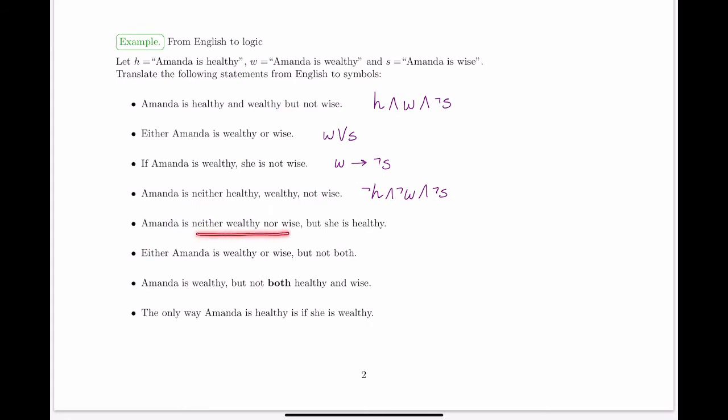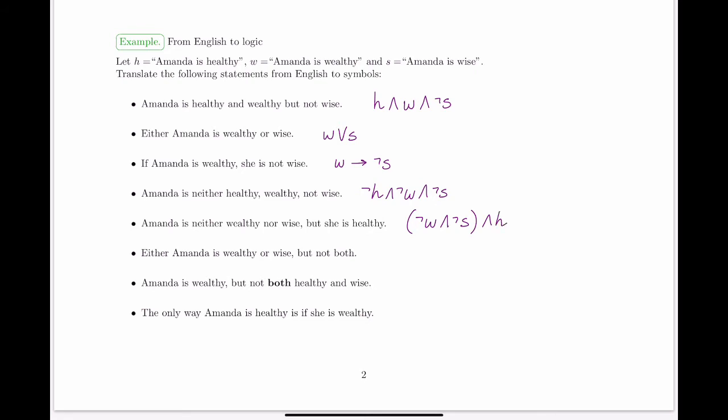Amanda is neither wealthy nor wise, but she is healthy. So we have the neither-nor statement here. So Amanda is not wealthy and not wise. And maybe I will put the brackets to indicate that this was the first part of a sentence. But she's healthy. We've already decided that "but" corresponds to "and". So and she is healthy.